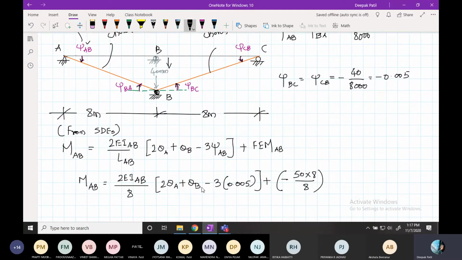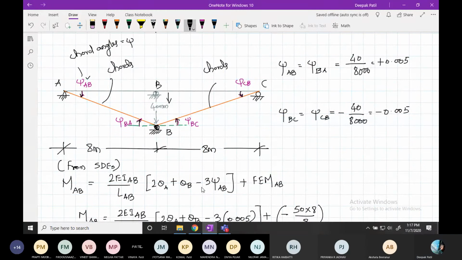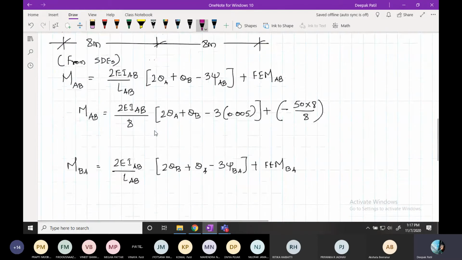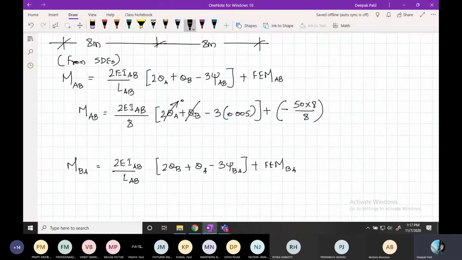Now here, what we usually do is assume that A is also a fixed one and B is also a fixed one. So in that case, both theta A and theta B will come out to be 0 because we have assumed both A and B as fixed supports.